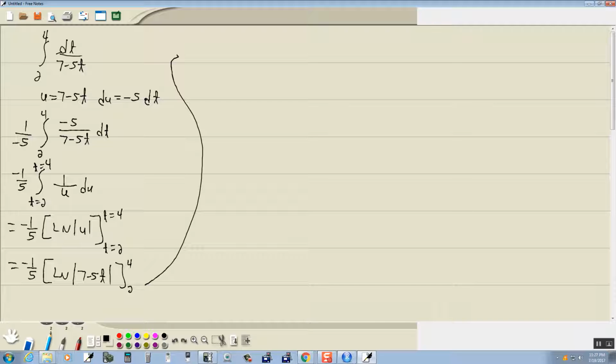Continuing up here, we've got negative 1/5, and I'll plug in 4. So I'm going to have natural log of the absolute value of 7 minus 5 times 4, minus natural log of the absolute value of 7 minus 5 times 2.